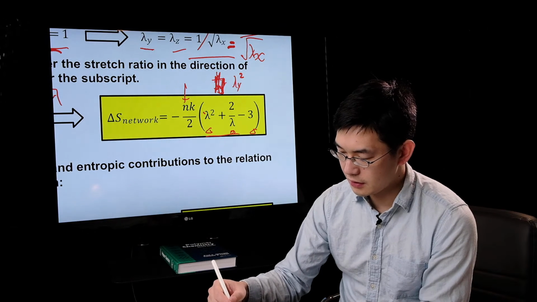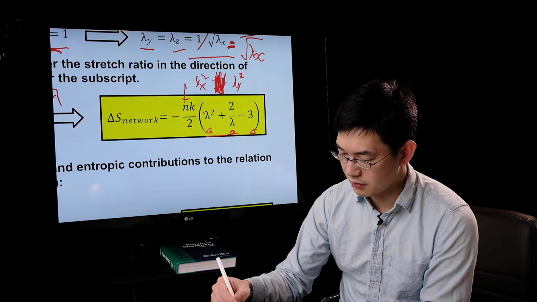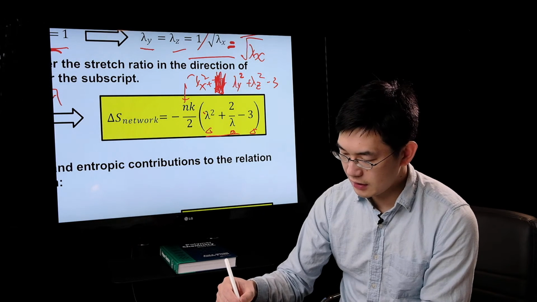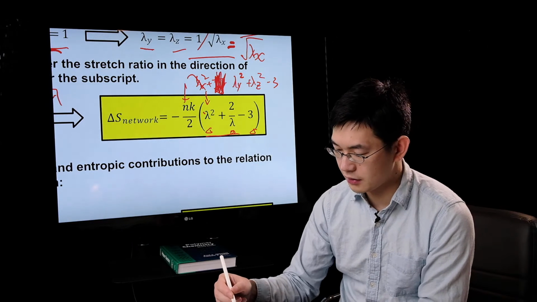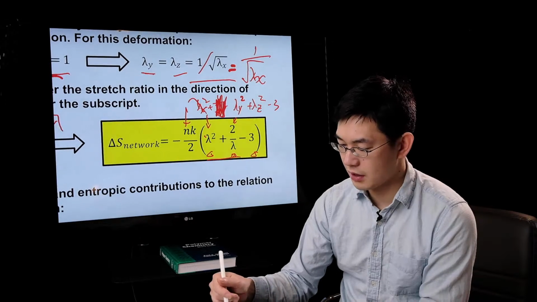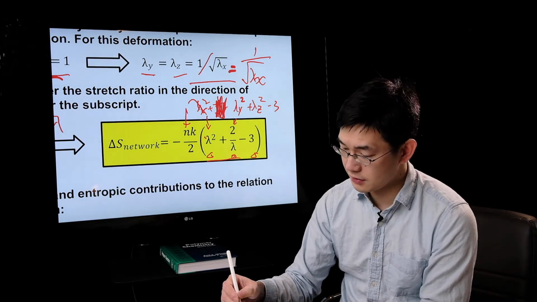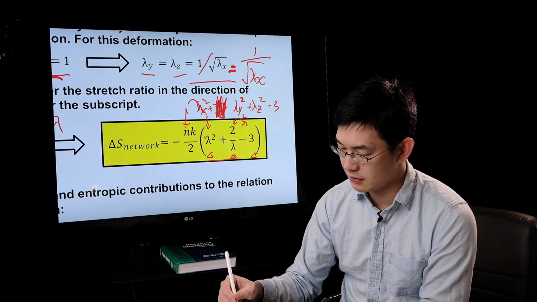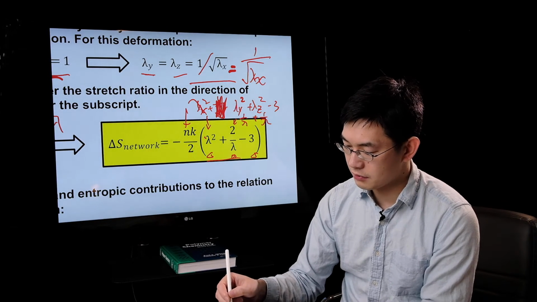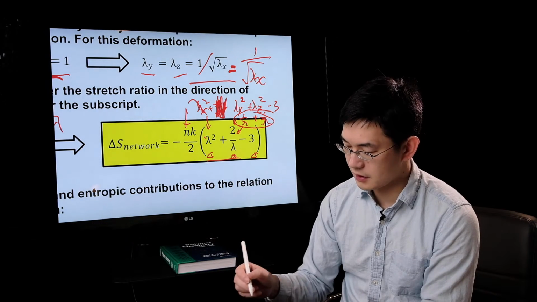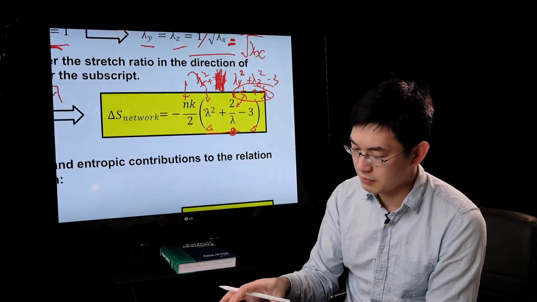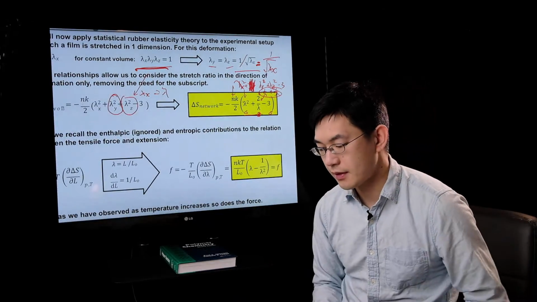Remember, this was originally lambda x squared plus lambda y squared plus lambda z squared minus 3. So lambda x squared is converted to here. Lambda y squared, as we know, lambda y is now equal to 1 over the square root of lambda x. So this is basically 1 divided by lambda plus another 1 divided by lambda. If we combine these two, that's where the second term, 2 divided by lambda, comes from.